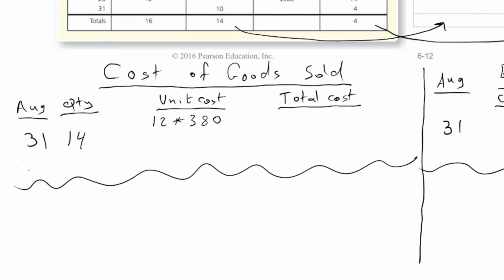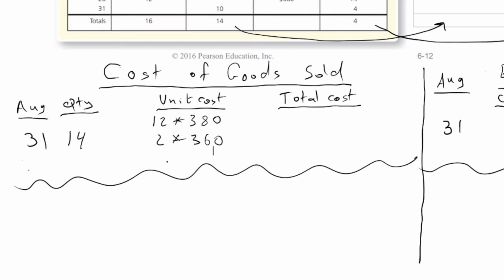Before those 12 units, there was another purchase on August 5th. So out of those 4 units that we purchased, I only need 2, because that will make my total units sold out 14 based on this information that I have here. So those 2 units that I took from the August 5th purchase cost us $360 per piece, okay?